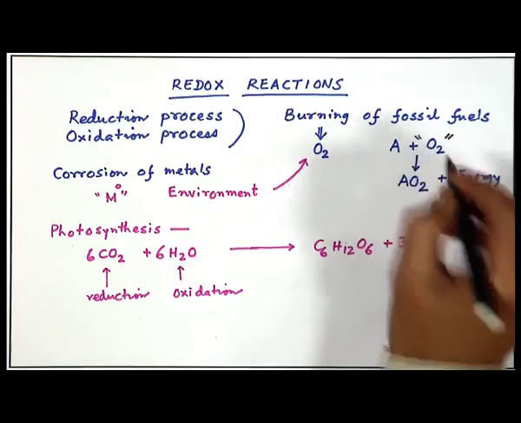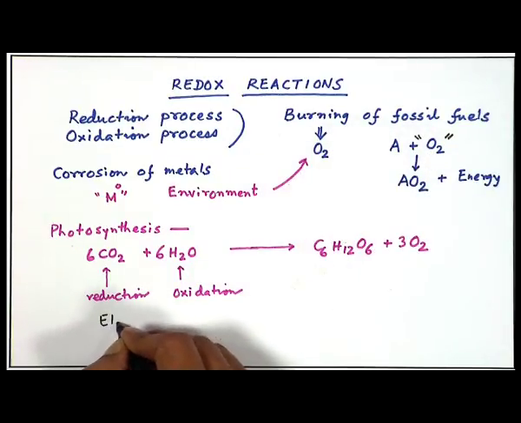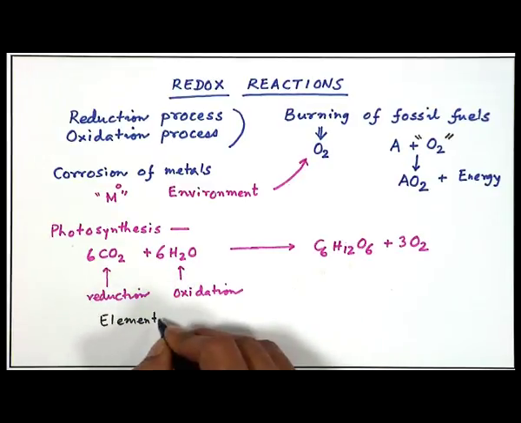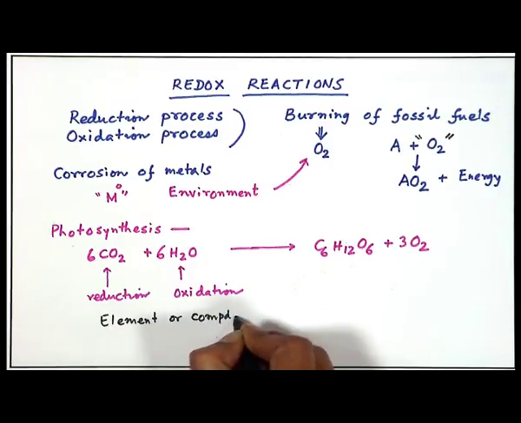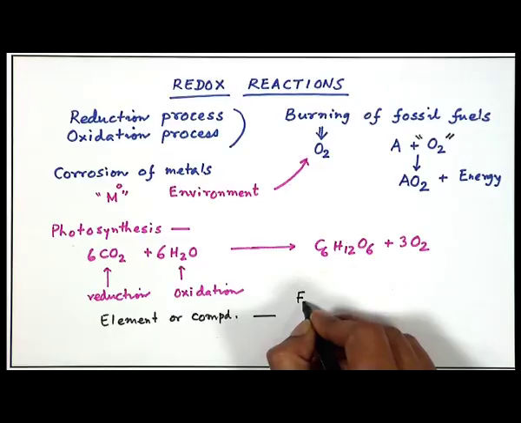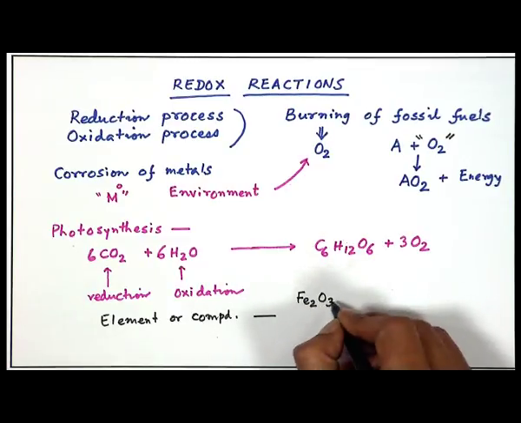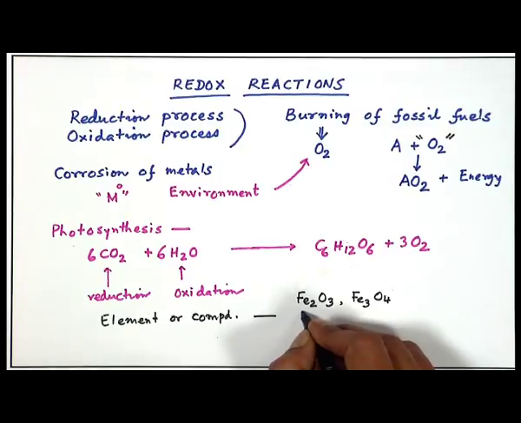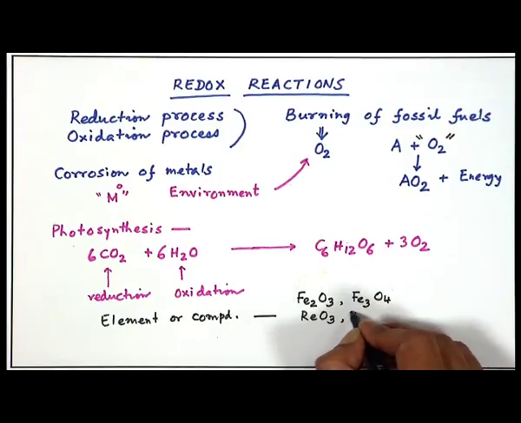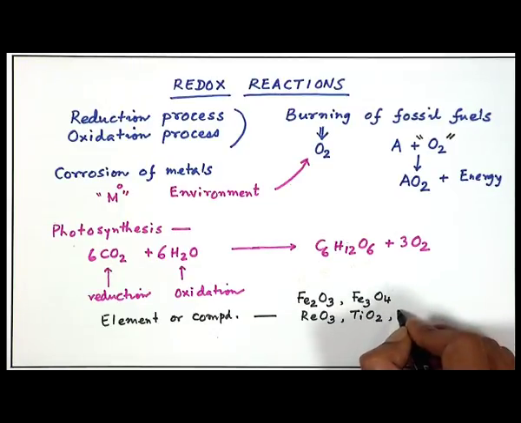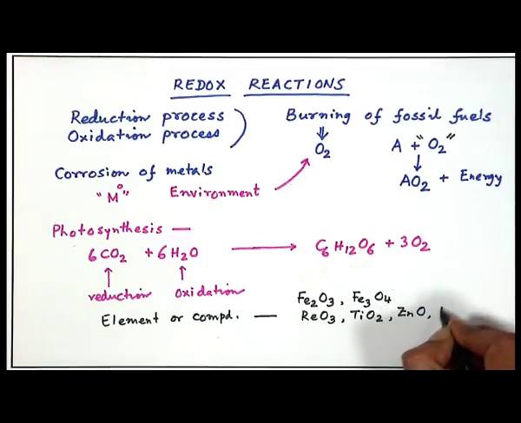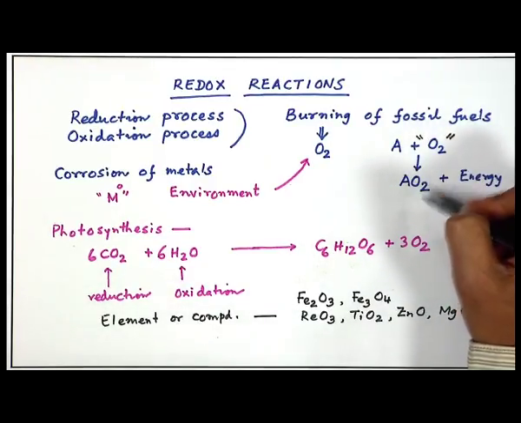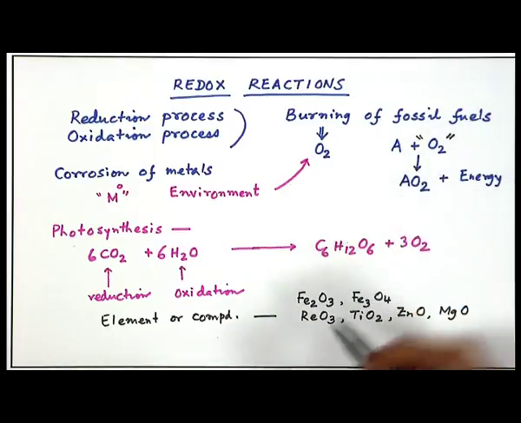So, anywhere the addition of O2 to an element or compound, the species we can get are Fe2O3, Fe3O4 or some other metal oxides like ReO3, titanium dioxide, zinc oxide, magnesium oxide. These are very simple examples of the addition of O2 to a metal, where you have iron, rhenium, titanium, zinc and magnesium.